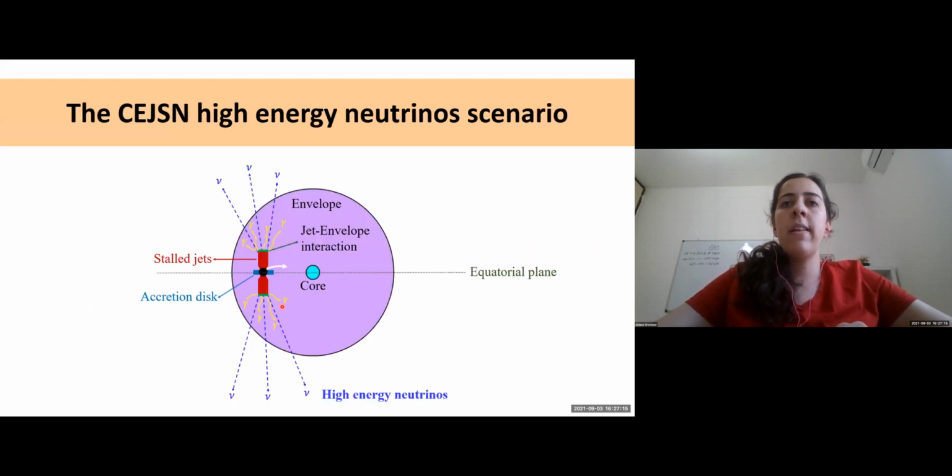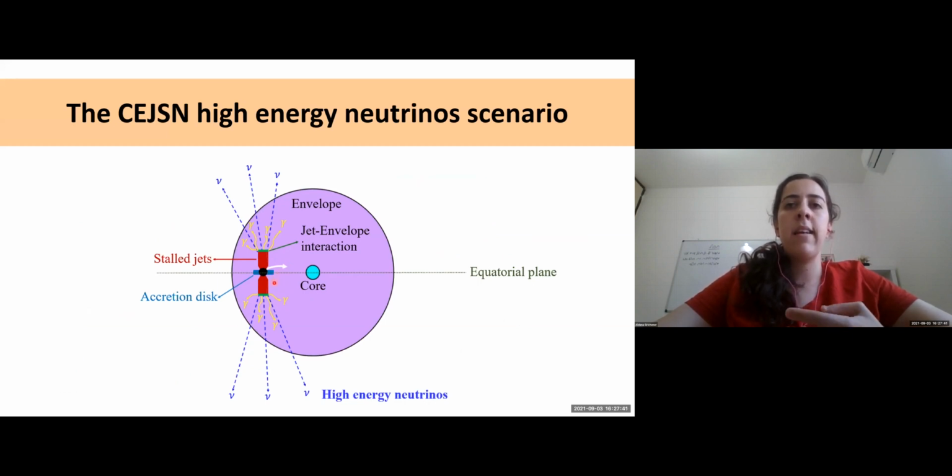We believe that in this phase, an accretion disk is formed around the black hole, and the accretion disk launches relativistic jets that are collimated by the envelope material. Inside these jets, protons are accelerated to very high energies due to the strong magnetic field inside the jets, because they are scattered across the shock interface.